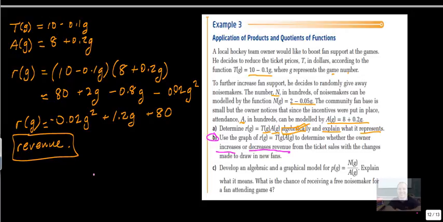Okay, so in game 1, what do they make? In game 2, what do they make? And so on like that. Now we could do a chart. We could do a table of values. Or we could use our graphing calculator, couldn't we?